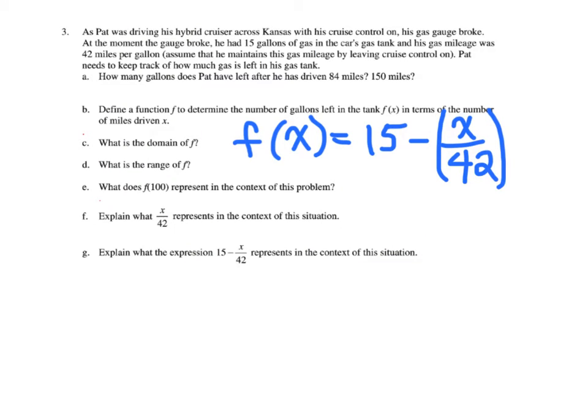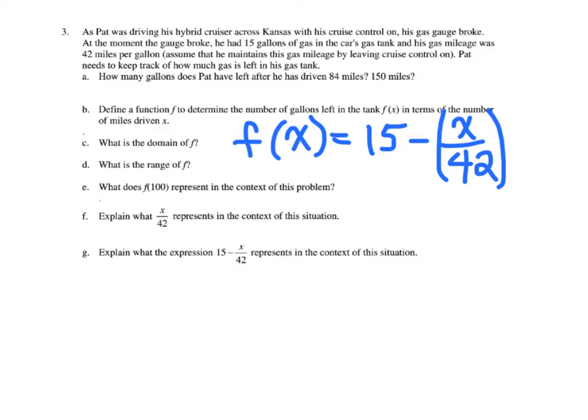In question 3 of Module 3 Investigation 2, we have already defined a function f to determine the number of gallons left in Pat's tank as he drove across Kansas in terms of the number of miles driven since the gas gauge broke. The function was defined as f of x equals 15 minus the quantity x over 42.